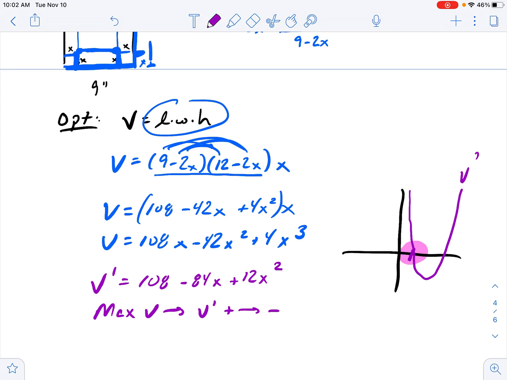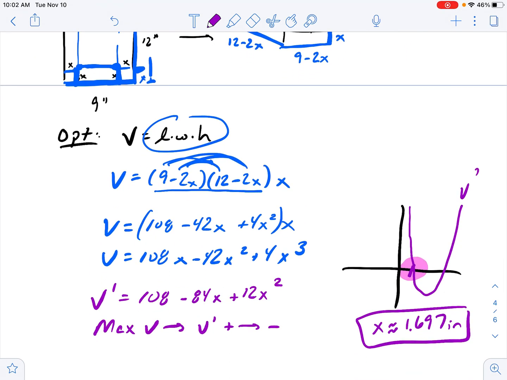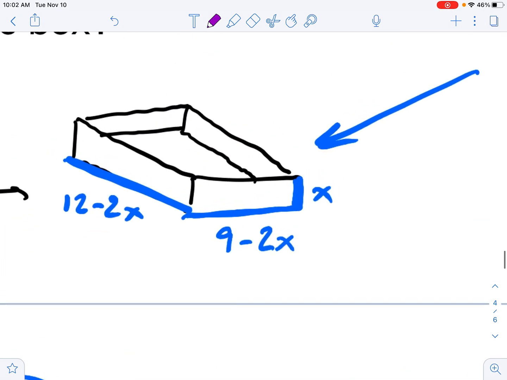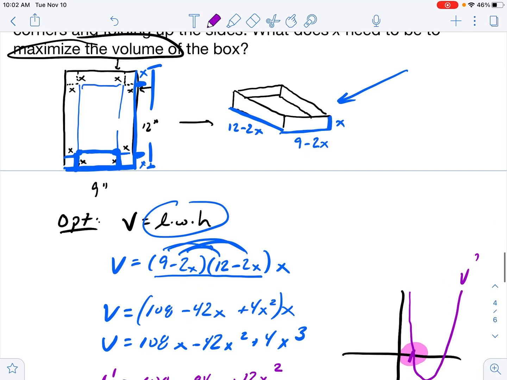So again, if I find the intersection point here, we should get that x is about 1.697. Okay? So again, graph 0 and y2, and then do a calc intersect on your calculator to get that value. Okay, and that's all we wanted, what does x need to be to maximize the volume? Well, if we can measure in 1.697 inches on the nose, we will maximize the volume of this box. We will be able to hold as much stuff as possible in there.